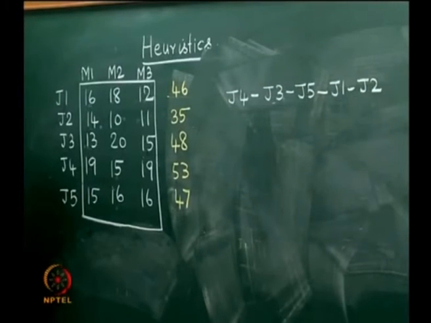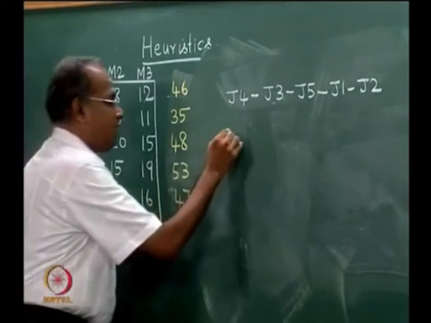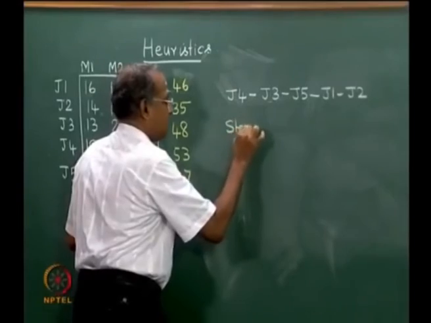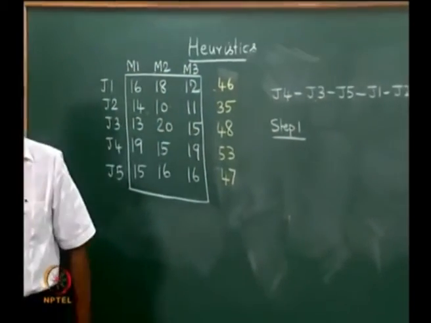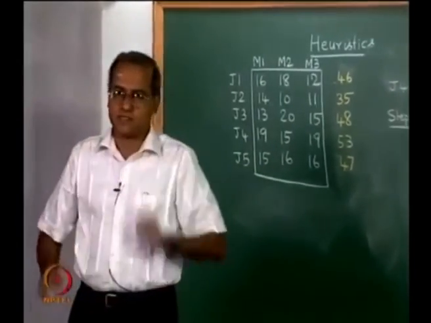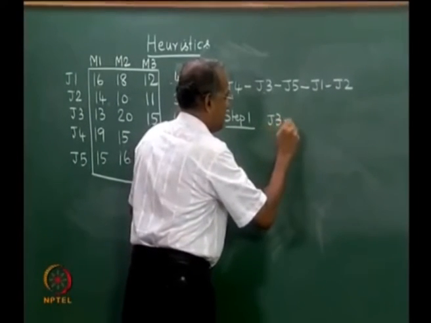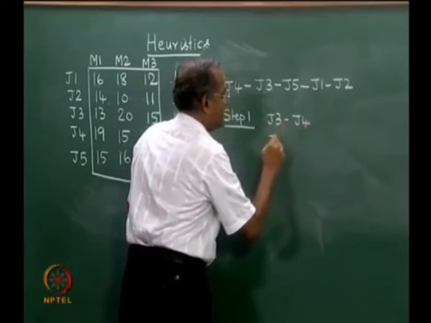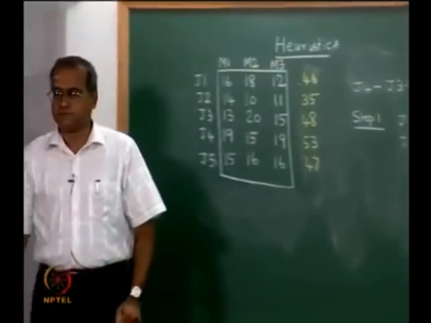Now, we take the first two of these, which is J4 and J3. So step 1, take J4 and J3. J4 and J3 can be permuted in 2 ways, which is J3 J4 and J4 J3.